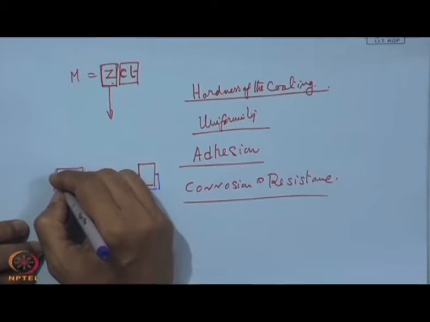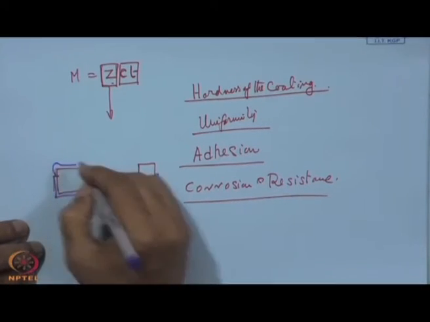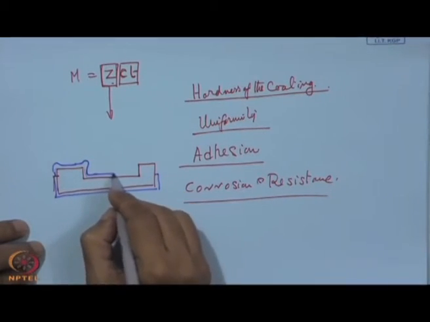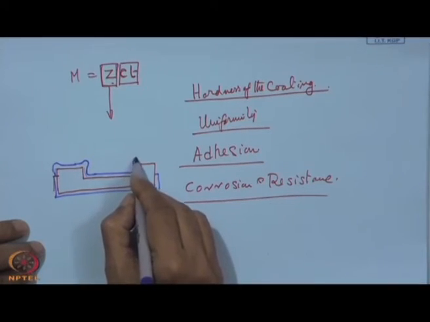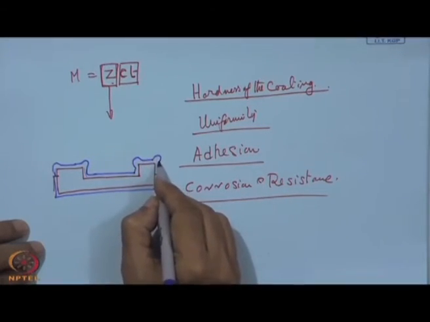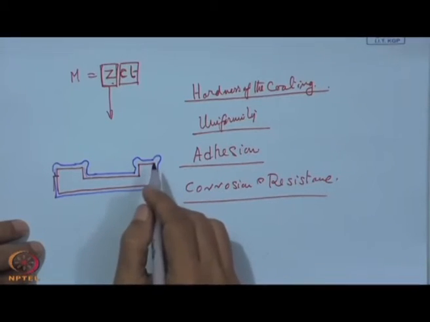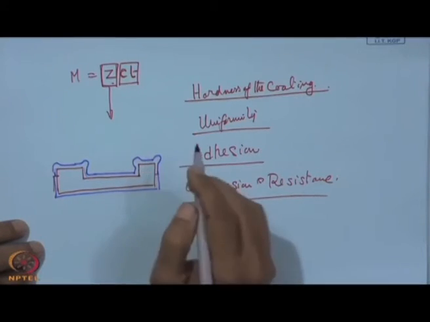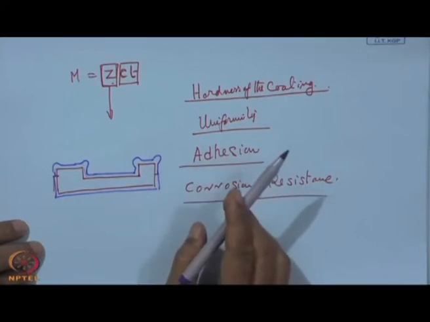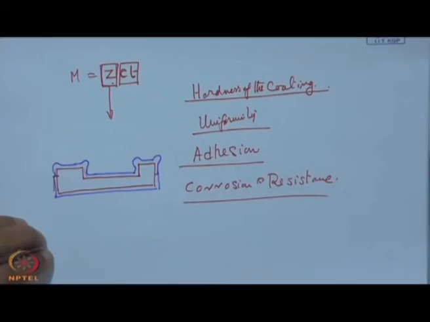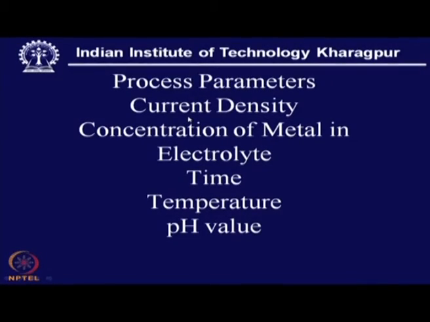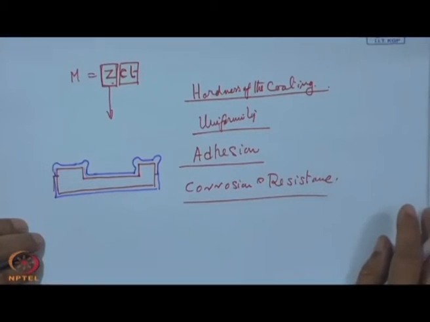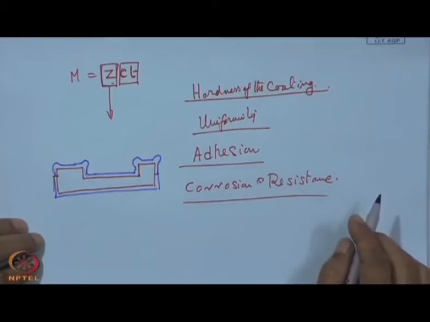What we may expect is something like this because of this sharp edge, so it is going to be something of this nature. So, it is a non-uniform deposit, unlike any PVD or CVD process. Here, because of the sharp point we have a large current density, and accordingly we may end up with such things. So, this is one point one should look into: the uniformity of the thickness.